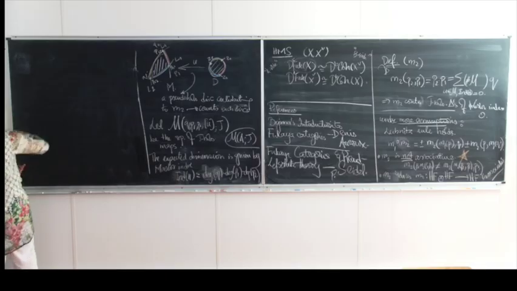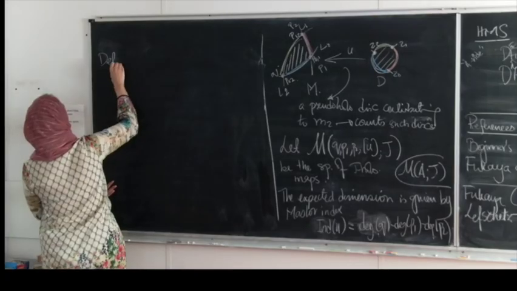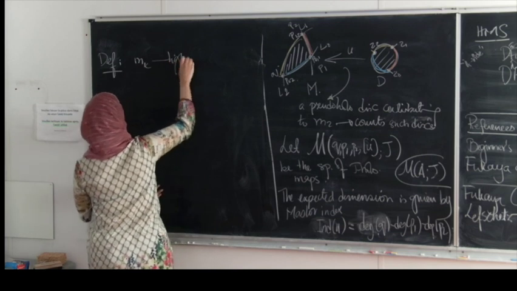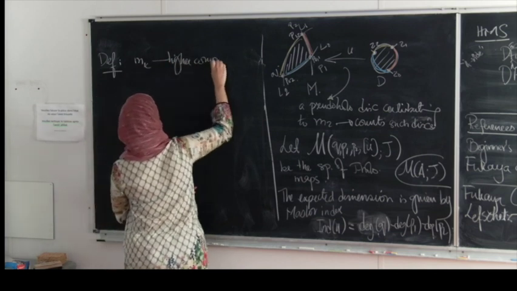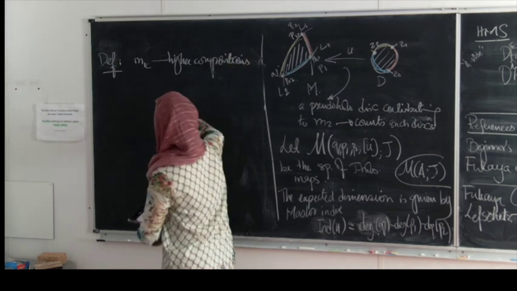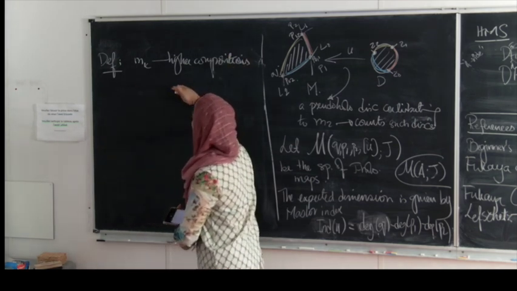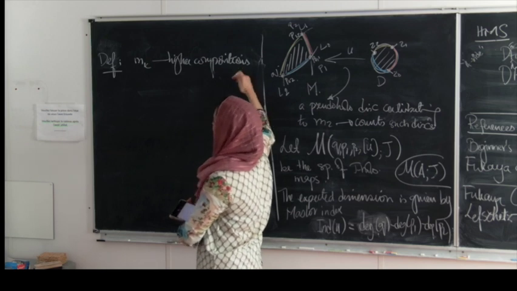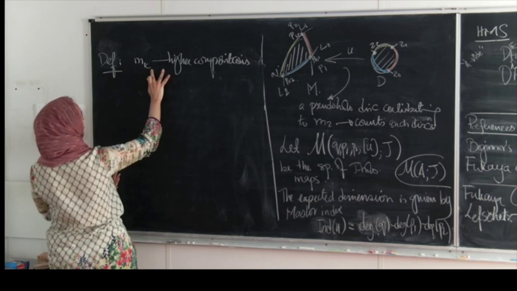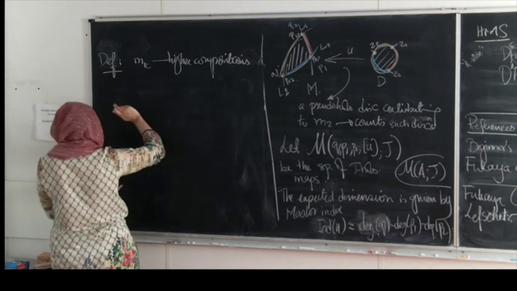So let's define Mk, higher compositions. So this time you'll take k inputs and you'll get a k plus 1th output. Okay, so M2 took 2 inputs and gave a 3rd output.